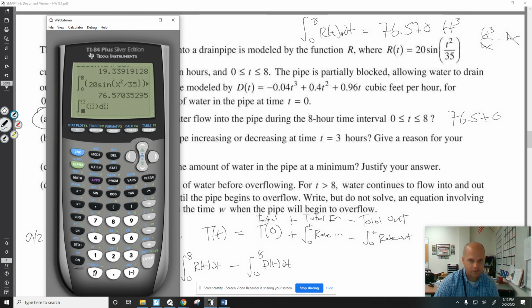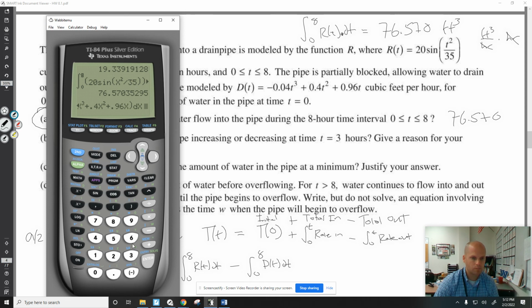This is all you need to write down for these problems, but to do the work, your old friend Math 9 is going to help you. Fortunately, I already have the total in. So I've got 30 plus, why don't we just find the total out separately? 0 to 8 of my total out, negative 0.04 t cubed plus 0.4 t squared plus 0.916.